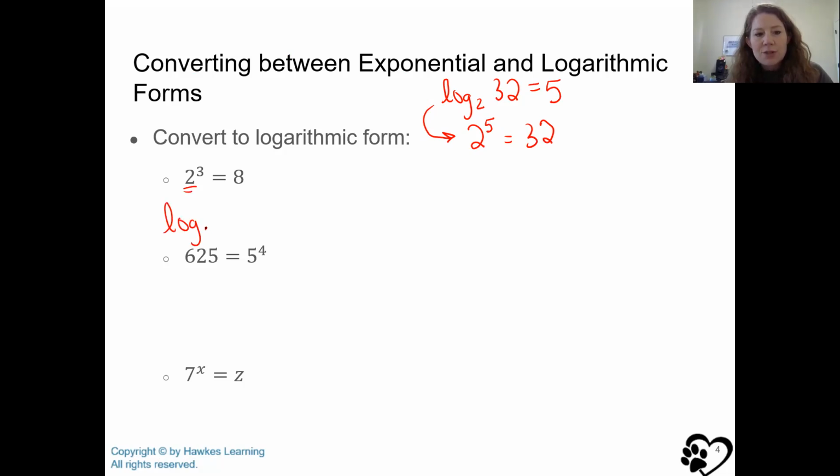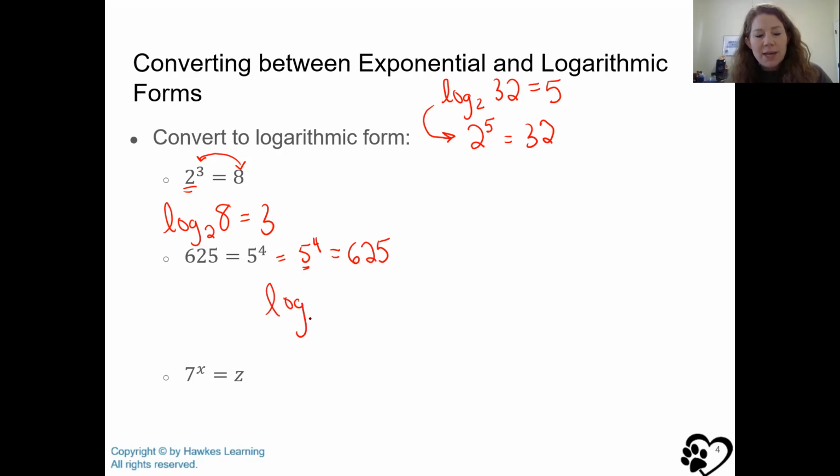So basically that base, that little tiny number, is our base of our log. So log base 2 of 8 equals 3. So these two guys are going to trade places, right? And the 3 becomes a large number. The second one is written in backwards order of how the first two are written. So this number that's raised to the power of 4 becomes our base.